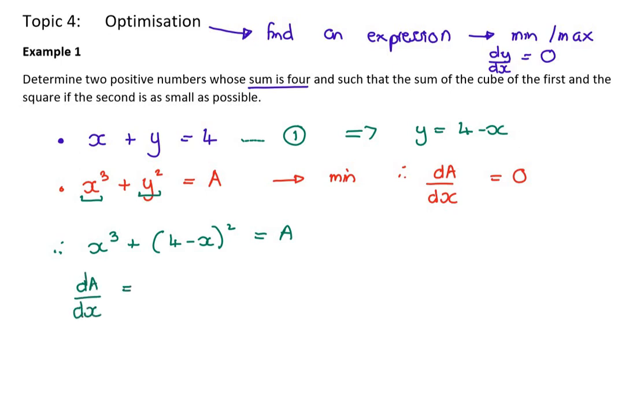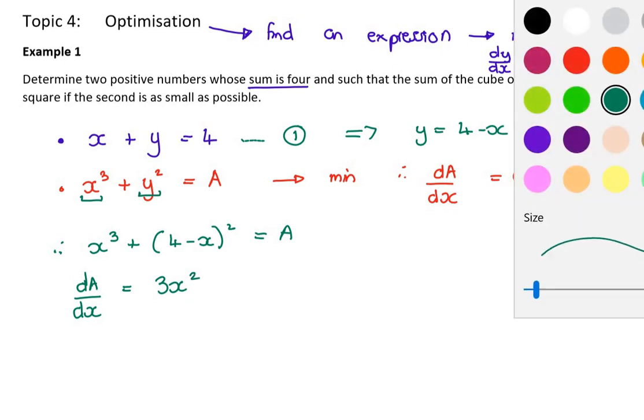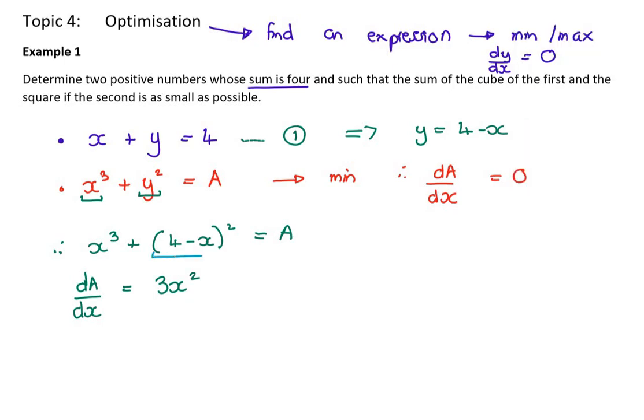So if I find the derivative without multiplying out, the derivative of x cubed is 3x squared. And now the derivative of this term here, this is going to be the chain rule. So it's plus, bring down the 2. So this is 2 times (4 minus x), leave the inside alone, subtract 1, multiply by the derivative of the inside, which is negative 1, because 4 is a constant.